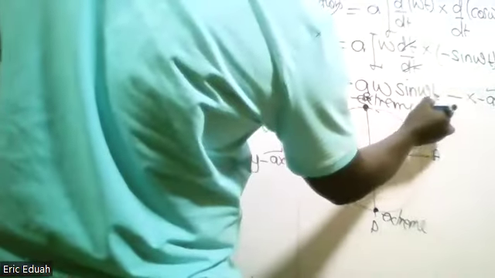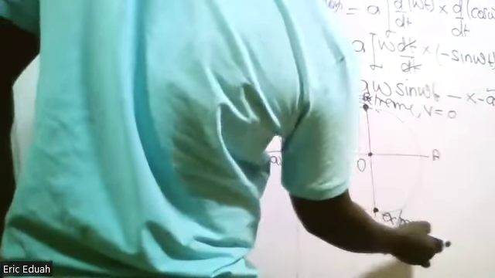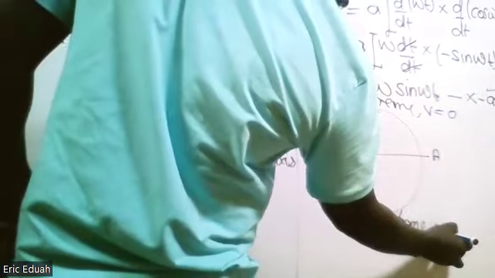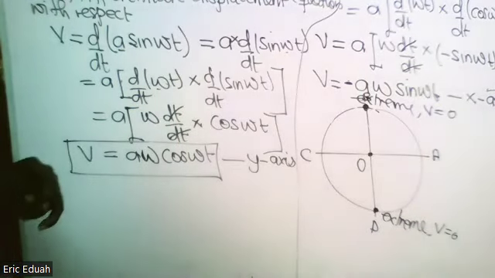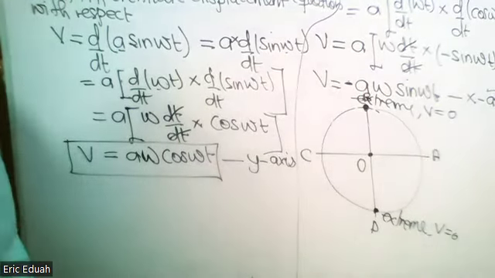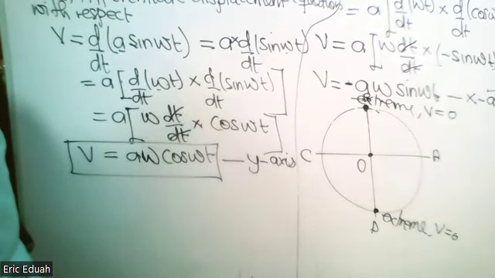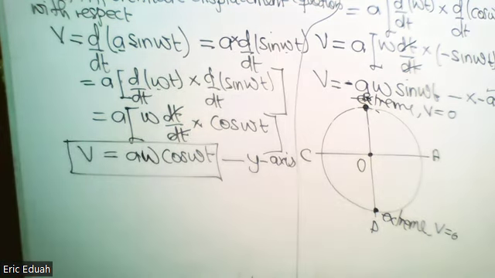So V at the extremes is 0. So we say that the oscillating body has minimum velocity at the extremes.